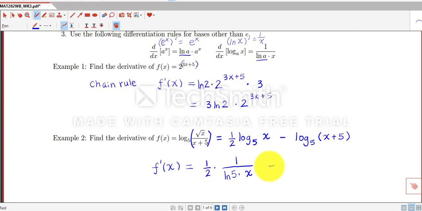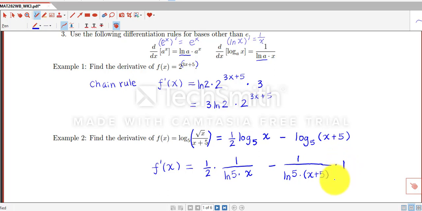And then we have to subtract the derivative of the second term, which, again according to the differentiation rule, is 1 over ln of the base 5 times the inner function x plus 5, and times the derivative of the inner function x plus 5.